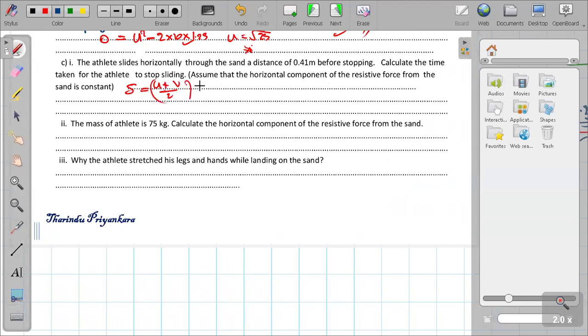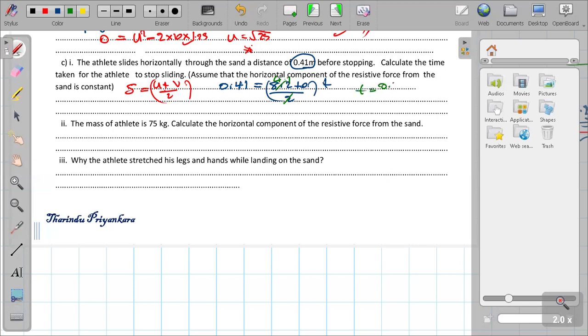Now let's go for the correct substitution. Oh, it is 0.41 meters. It is my bad, not 4.1. 0.41 is equal to 8.2 plus 0 over 2 times t, is going to be 4.1.